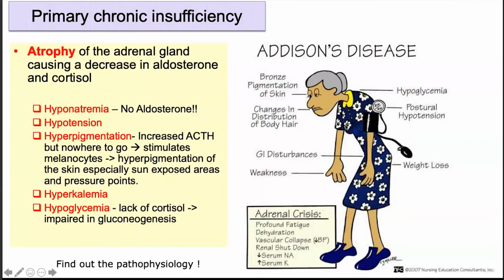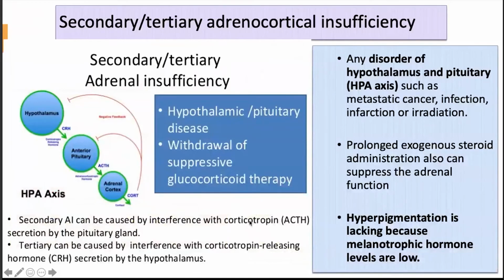This is due to the hyperpigmentation, with change in the distribution of body hair, and marked weakness. She is young but looks like an old person, very thin, with weight loss, weakness, dehydration, everything. These are the clinical manifestations of chronic insufficiency of the adrenal glands.